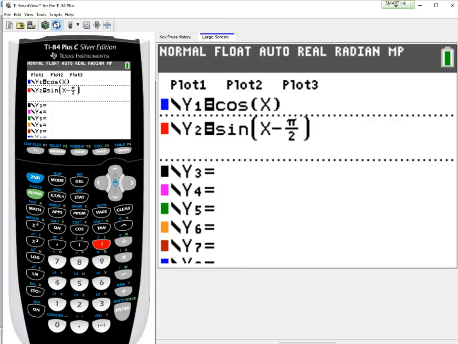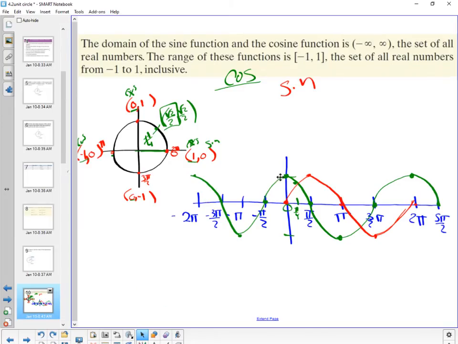Well, let's take a look at the picture, and then you guys can decide again. Here is the cosine. Here's the sine function. Do we want plus or do we want minus? We want minus. Wait, what are we starting with? Here's cosine.